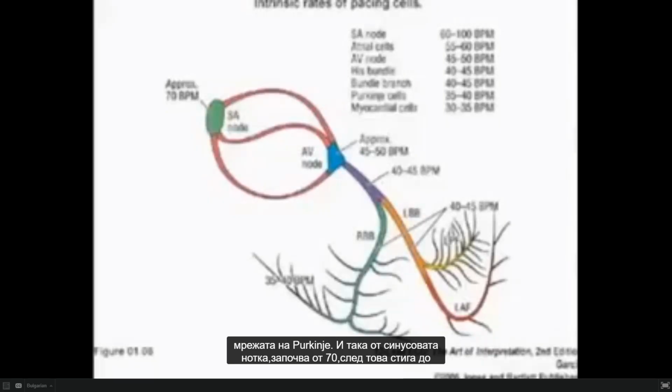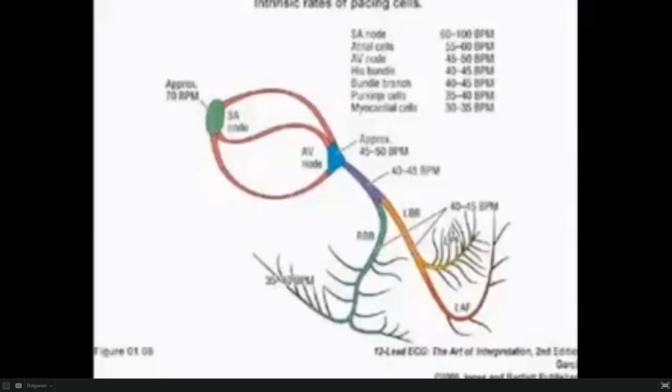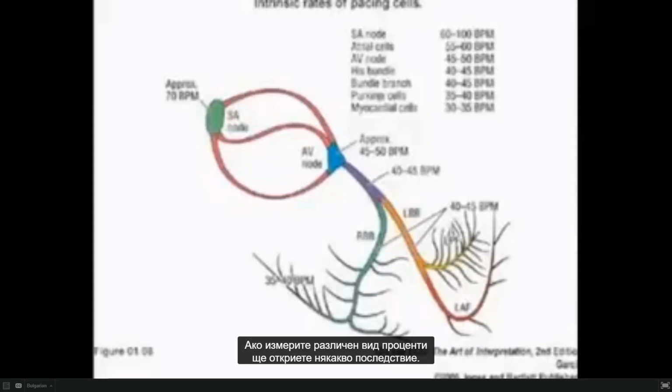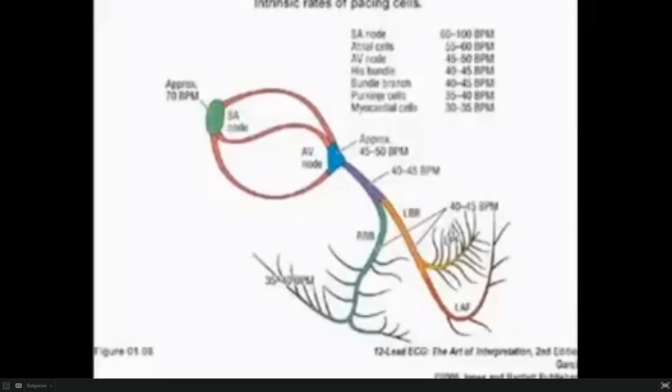Then when you reach the atrial chamber node, the AV node, you slow down to 45, 50, then go through the left and right chambers. You finish at 35, 40 and 40, 45 beats. If you measure the percentages between all the parts, you will find some kind of consequence.